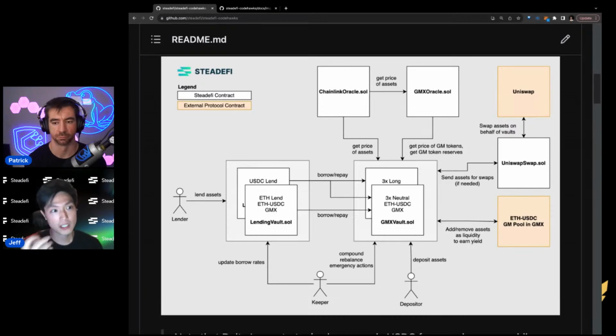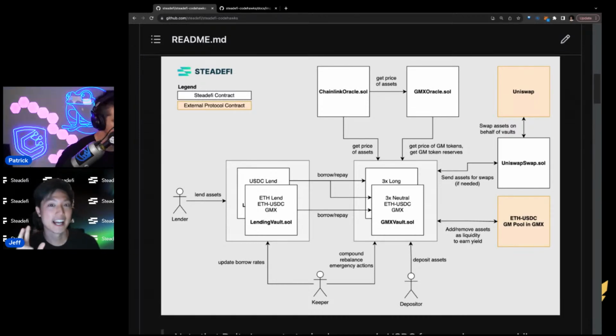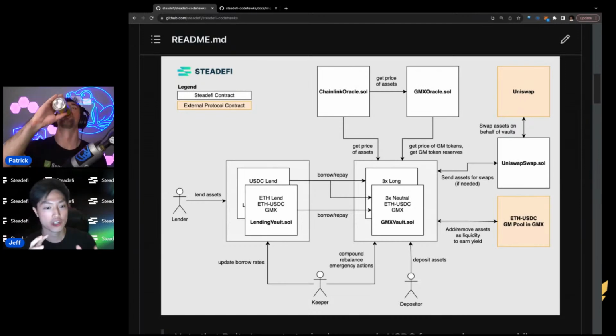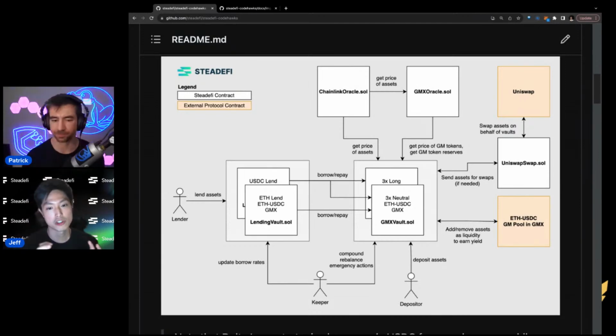By borrowing ETH, you are effectively taking a hedge on ETH as well. The neutral strategy vault has to calculate how much ETH to hedge, because you don't want to over hedge. By over hedging, you could be doing too much of a short, and that's not the strategy we're going for. We're going more for a neutral hedge. So that's the difference between long and neutral strategy vaults.